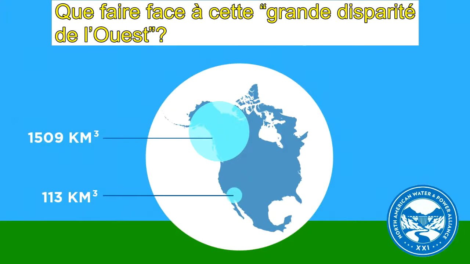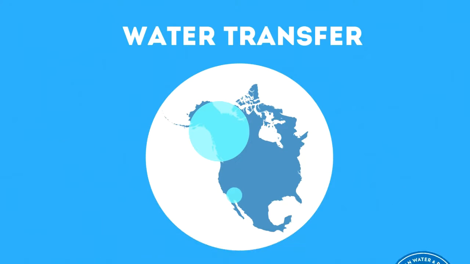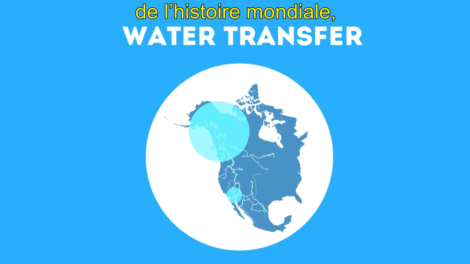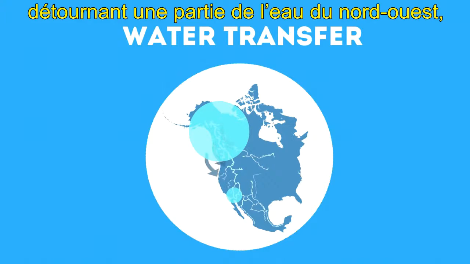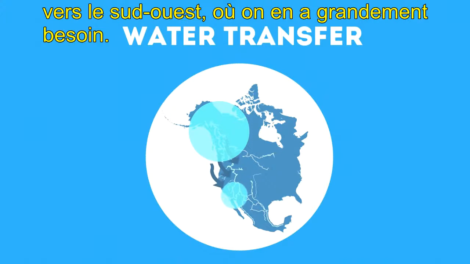How can we address this great western discrepancy? The NWAPA 21 project would be the largest water project in world history, diverting water from the northwest, where it exists in abundance, into the southwest, where it is desperately needed.